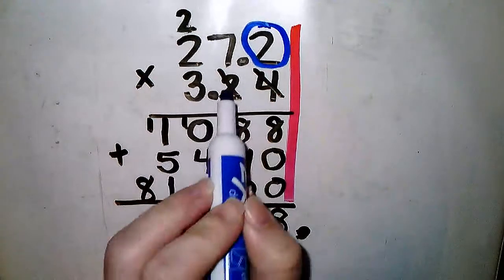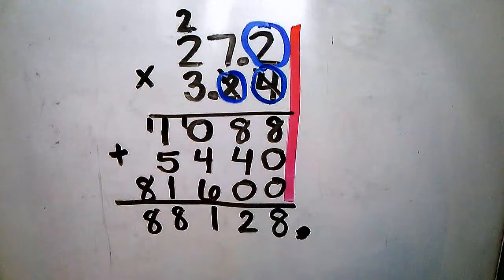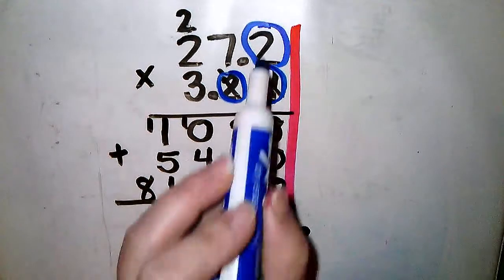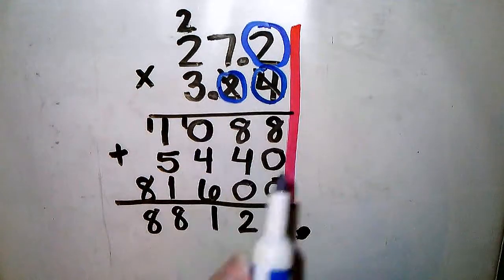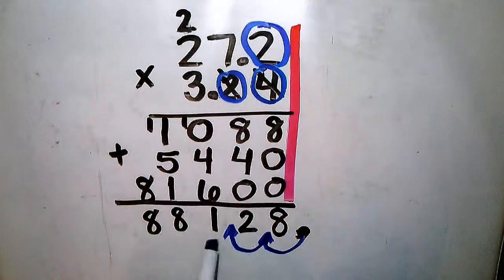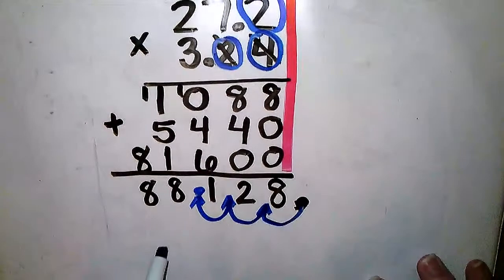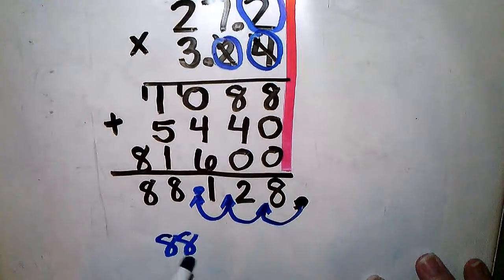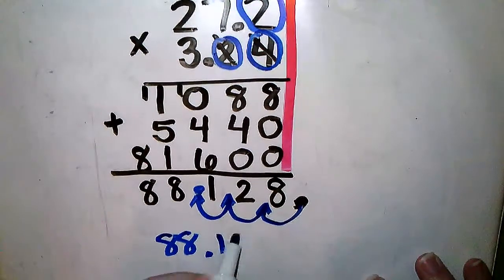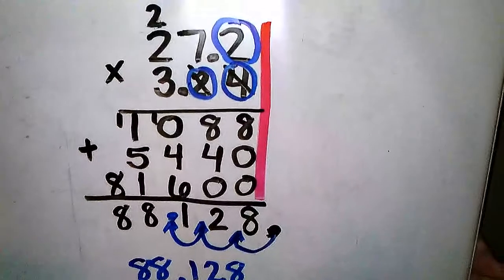In 3.24, I have two numbers behind the decimal. So I would move my decimal place 1, 2, 3 places to the left, making this number 88 and 128 thousandths.